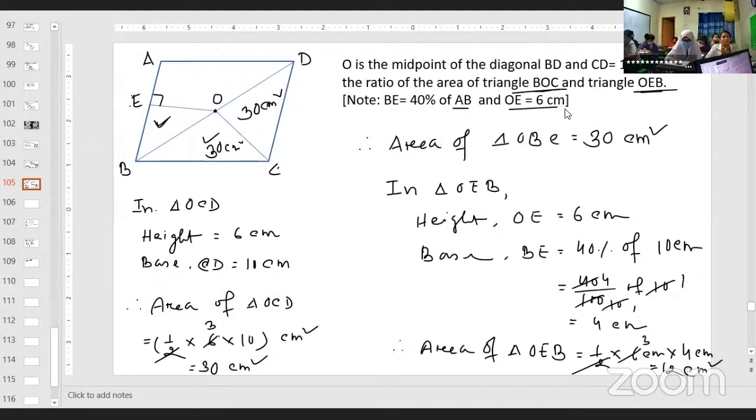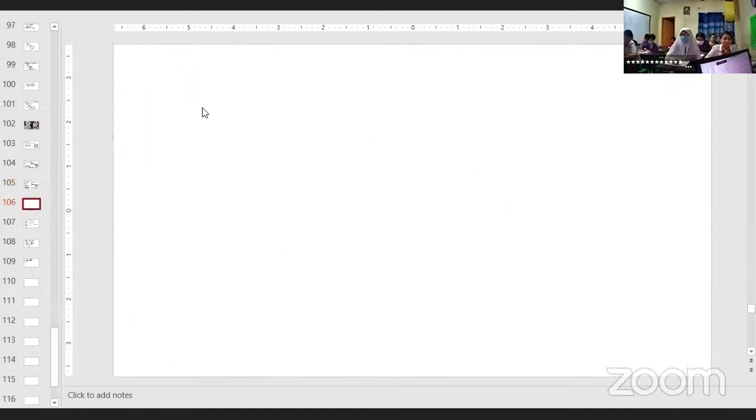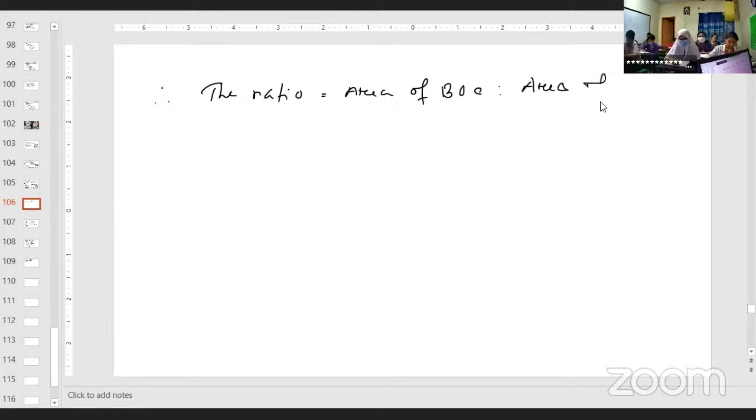So what's the ratio about the area of BOC and OEB? First BOC, the antecedent will be BOC and the subsequent will be OEB. Therefore the ratio is area of BOC, as it is actually asked in sequence in the given question, right? Area of OEB. So it is 30.